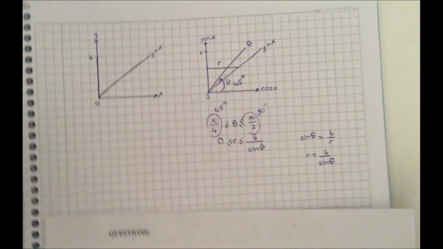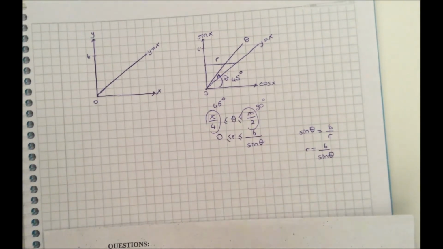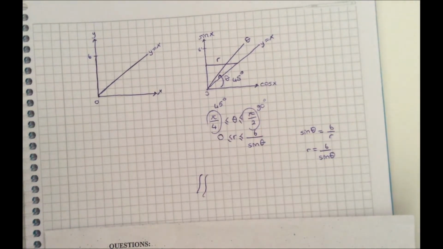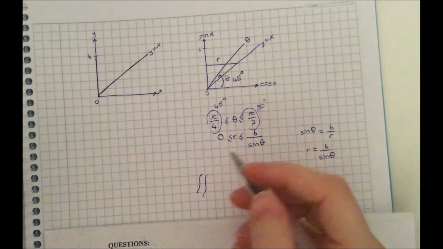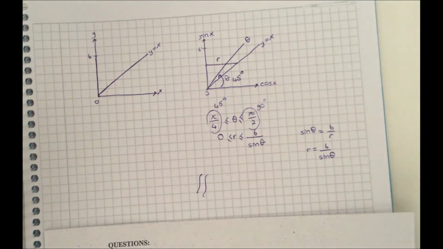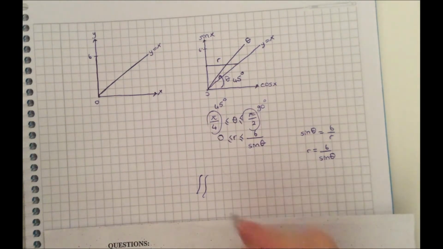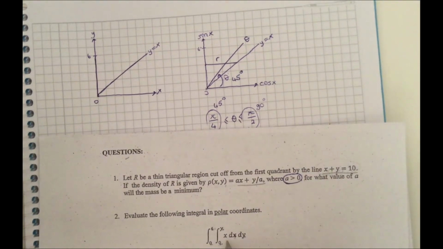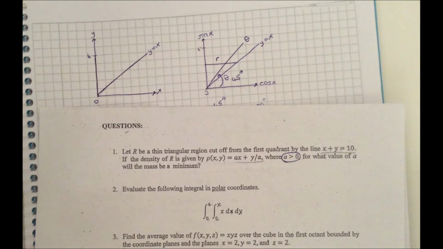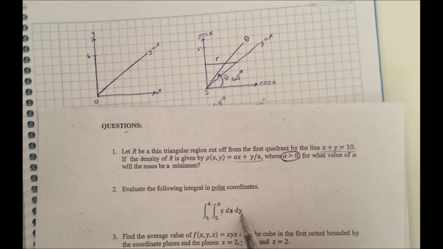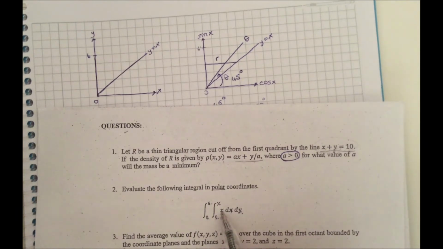So we should solve this in polar coordinates. You can begin with theta or r, but firstly we should turn our integral x dx dy into polar coordinates. So how can we write this in polar coordinates? We know that x is r cos theta in polar coordinates, and r dr d theta, this is the usual thing.